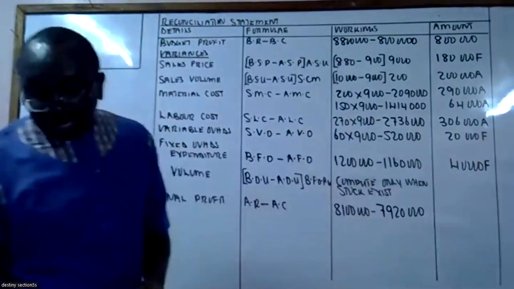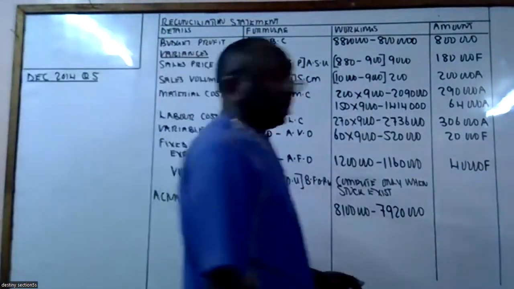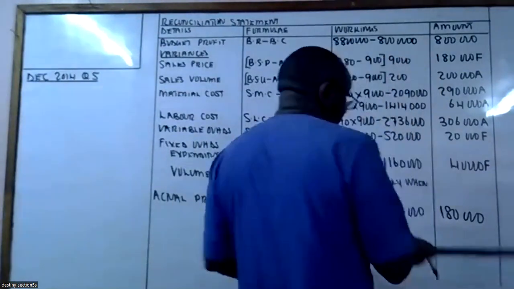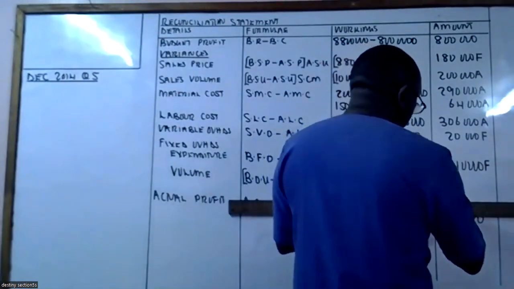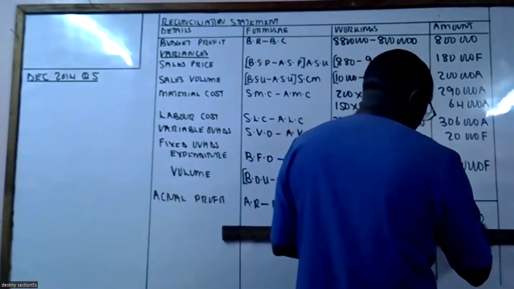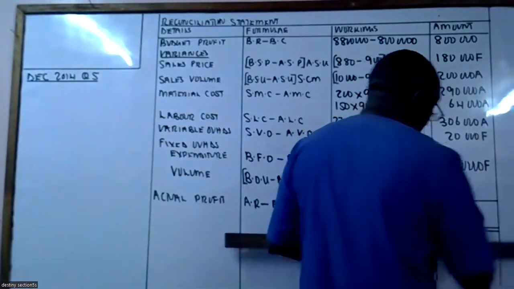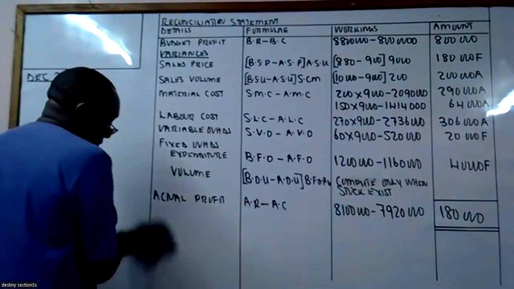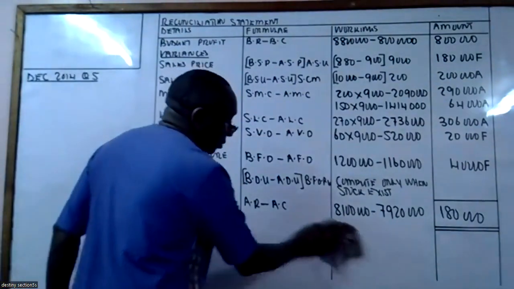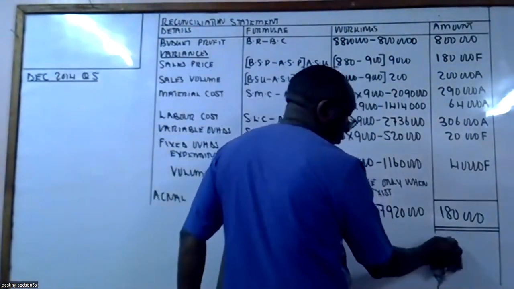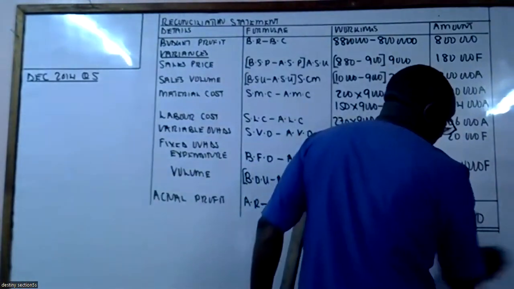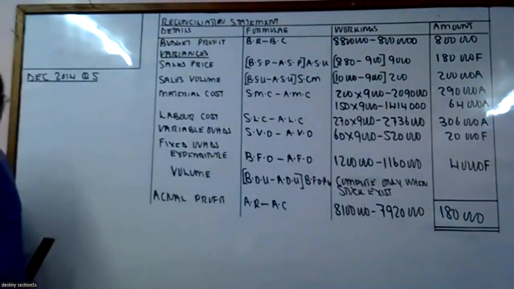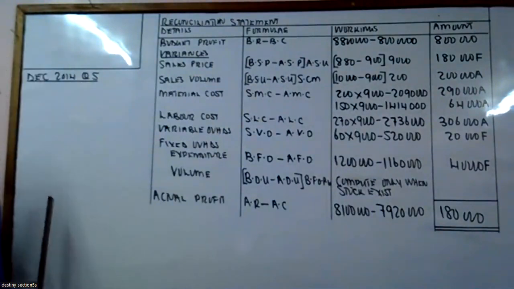So that they are giving us the profit that you can see there, 180. That is the end of the reconciliation statement.